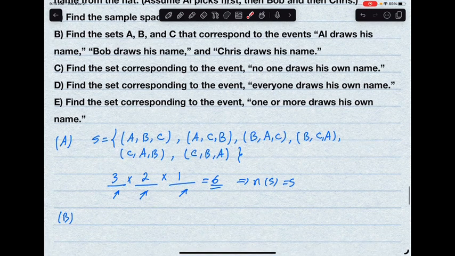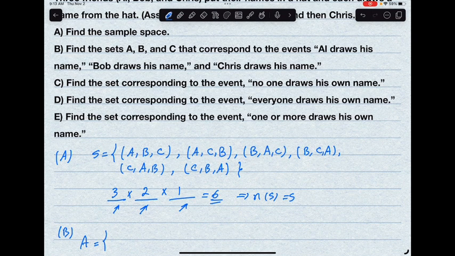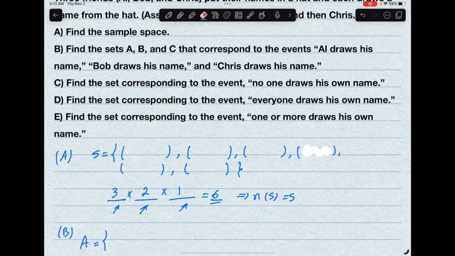What is A? Maybe here it is better I change these letters to small letters to be different from these events. It's a, b, c; a, c, b; b, a, c; b, c, a.